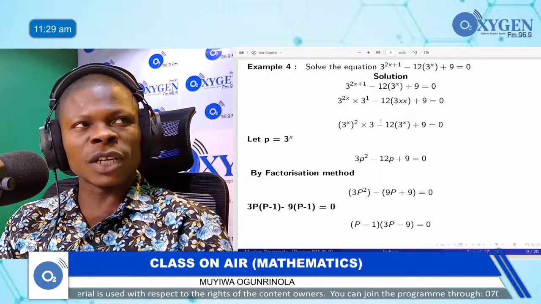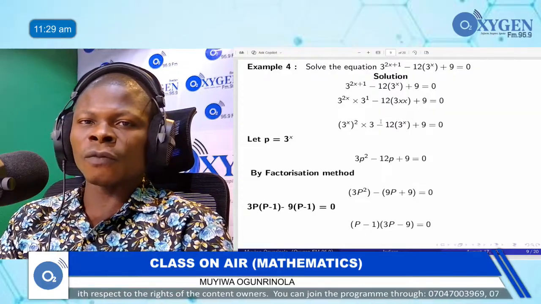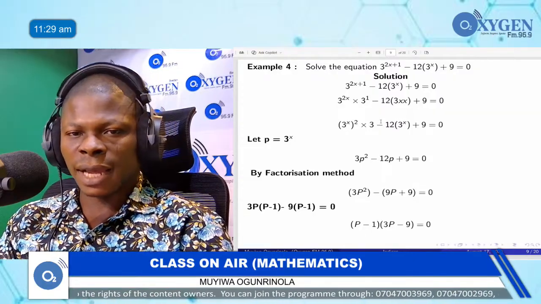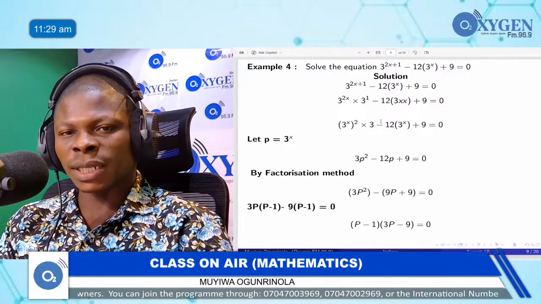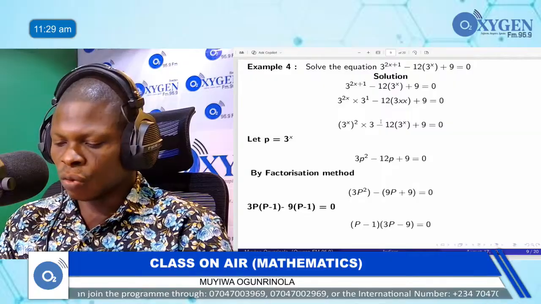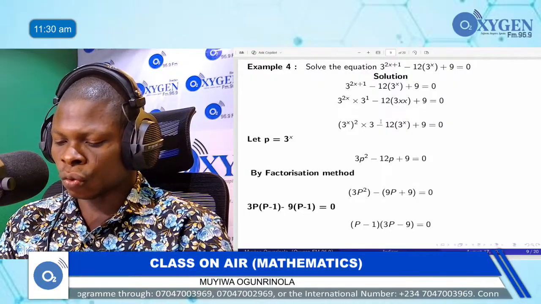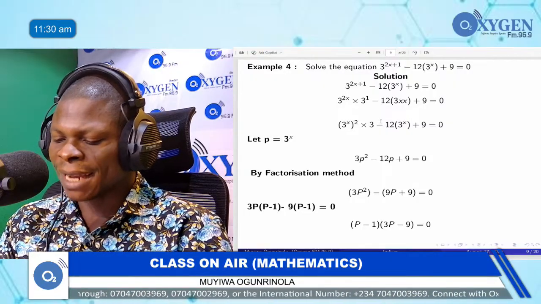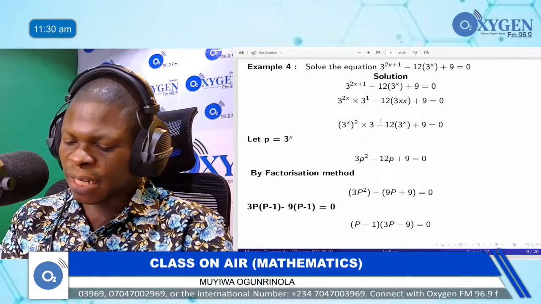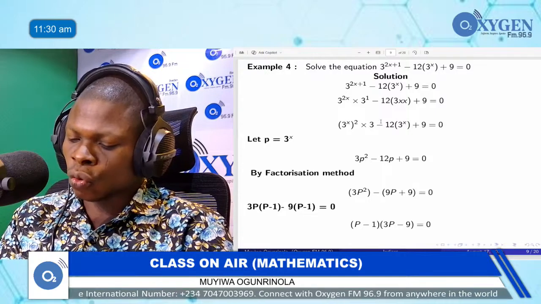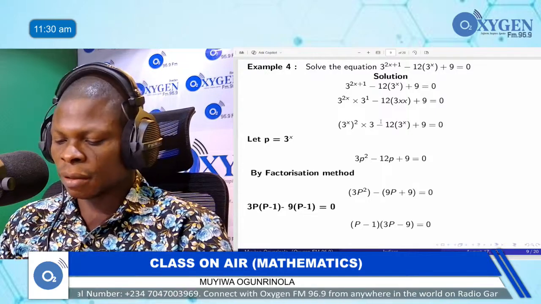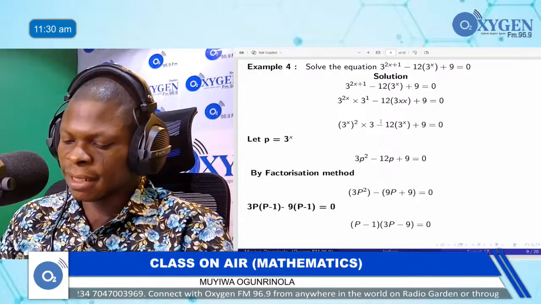In the law of indices, when you have an addition sign on the power, it can change to what? Multiplication of that base. It will now be 3 raised to power 2x multiplied by 3 raised to power 1. If you factor it again, you still get 3 raised to power 2x plus 1. So it's still the same thing.